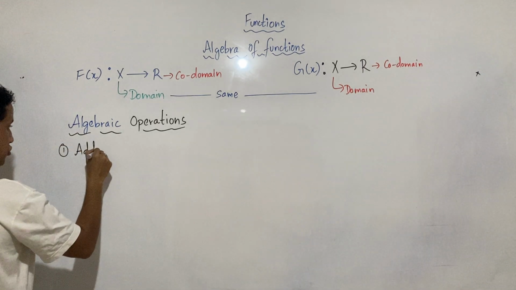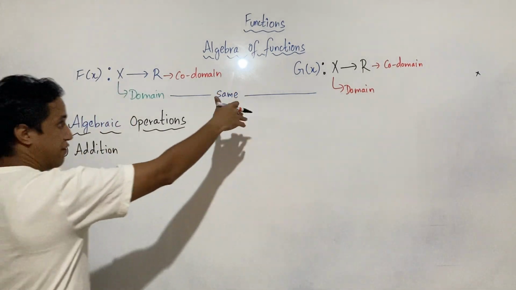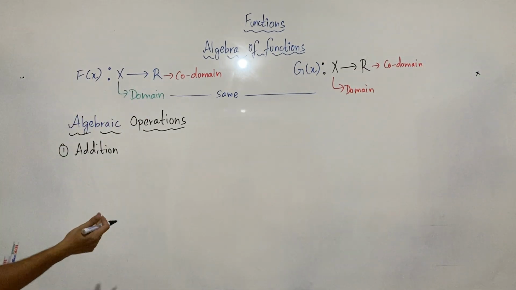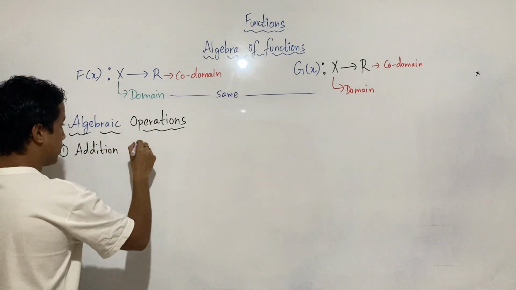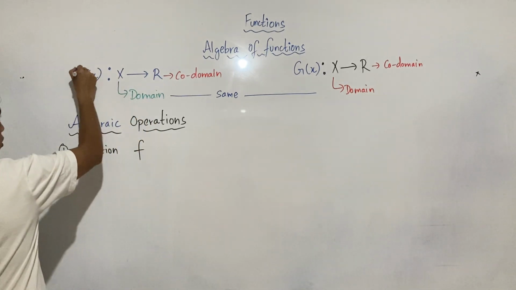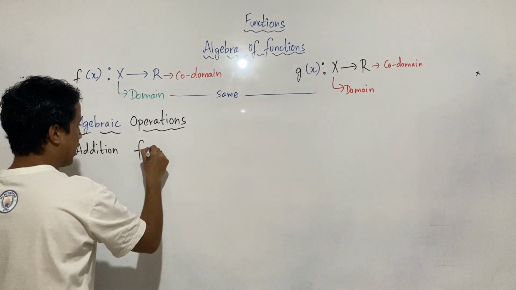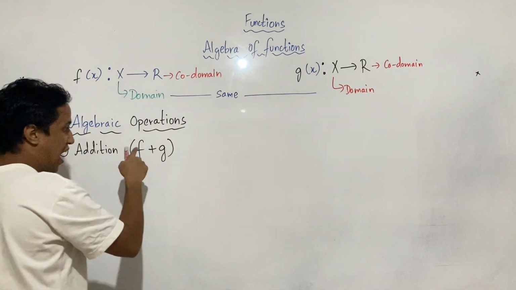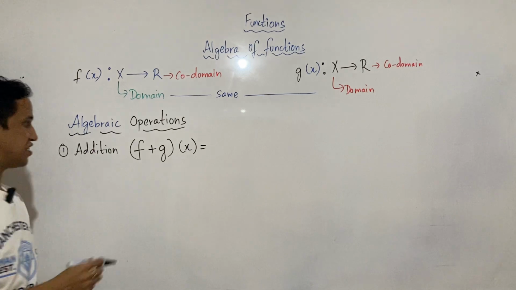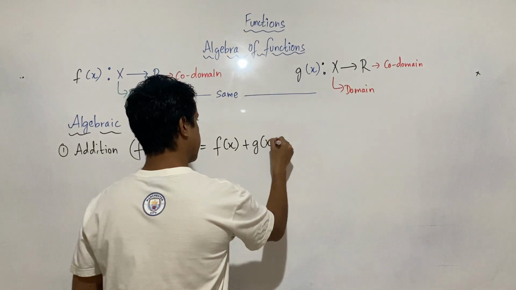Here the first function is f(x), here I have g(x), so the addition of both these functions, denoted by f plus g of x, is going to be f(x) plus g(x).